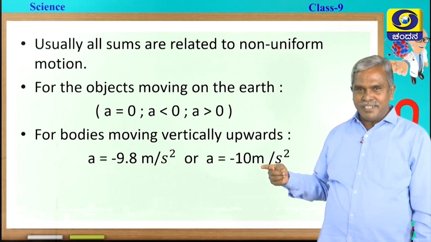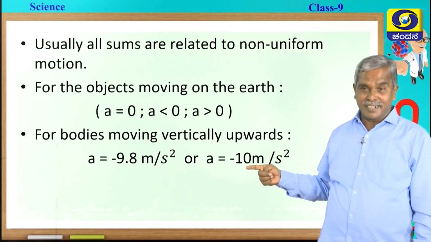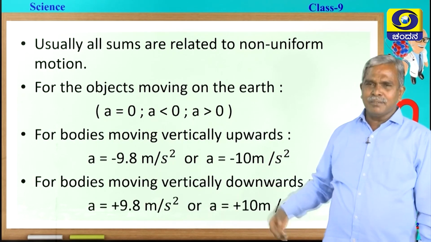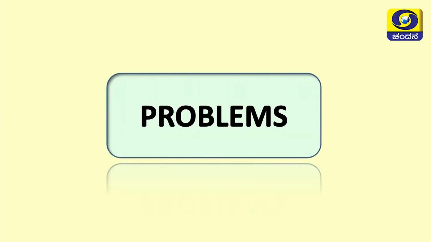For our convenience, we have taken it as minus 10 meter per second square. For the bodies which are moving towards the earth, I mean vertically downwards, towards the gravity, at that time a is equal to plus 9.8 meter per second square or a is equal to plus 10 meter per second square.